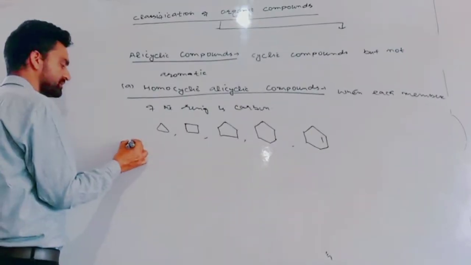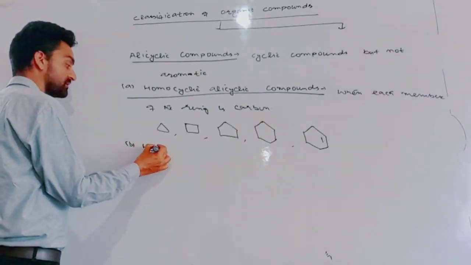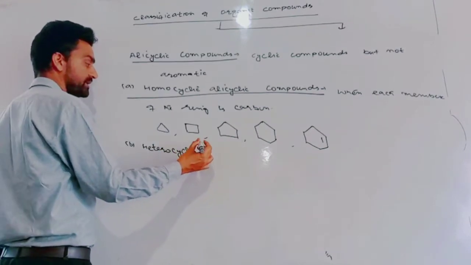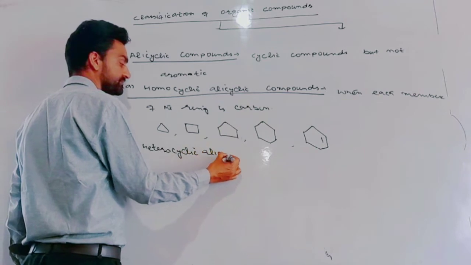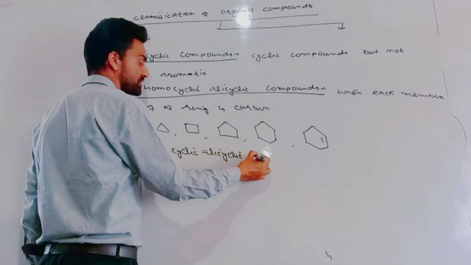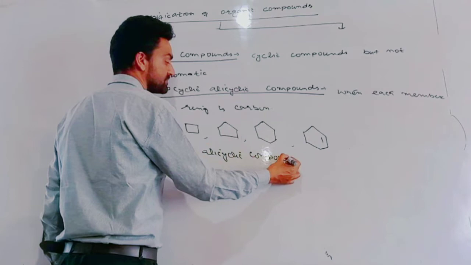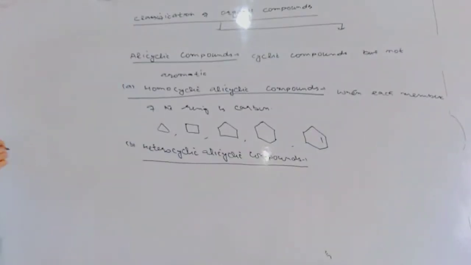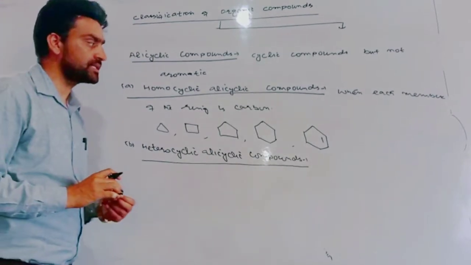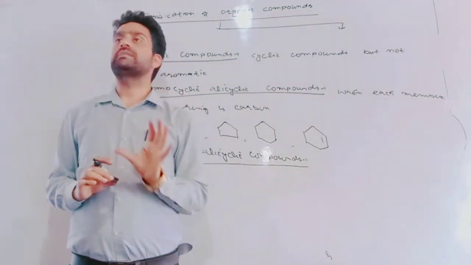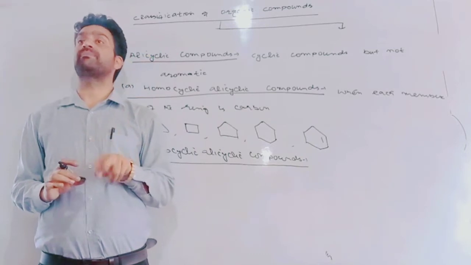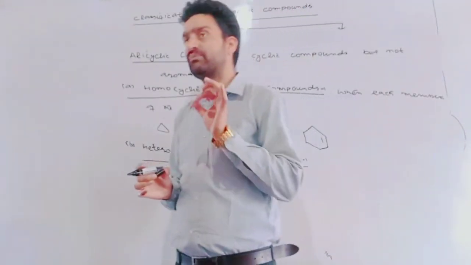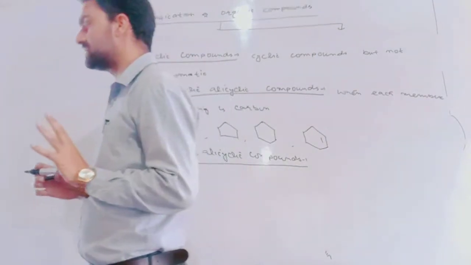Next is heterocyclic, alicyclic compounds. What are heterocyclic, alicyclic compounds? When each member of ring is not carbon, but instead of carbon there might be present heteroatom in the form of nitrogen, oxygen, or sulfur.